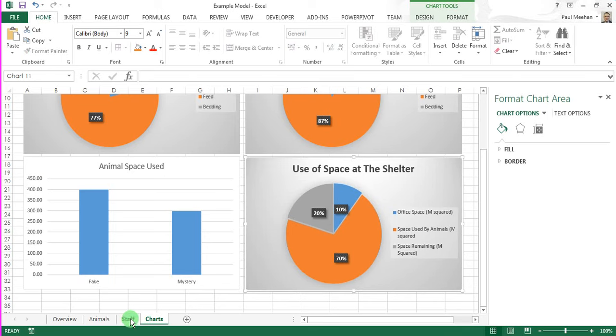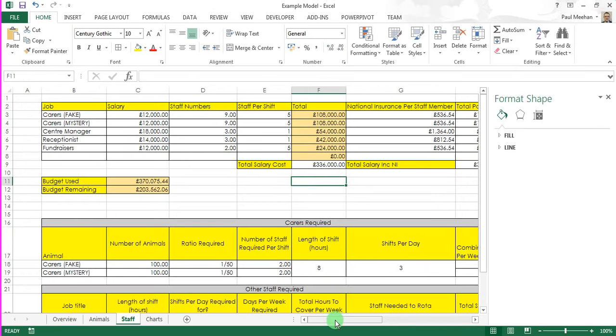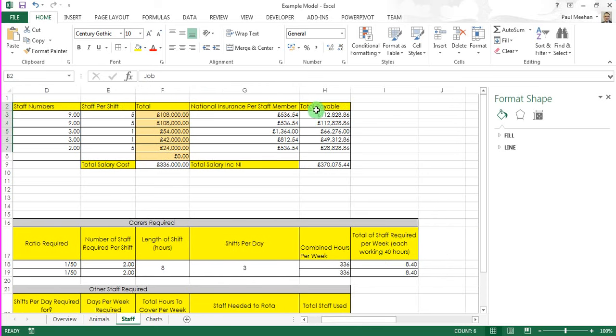Let's look at staff. What's costing us the most? So control, which job versus what are we spending per year on them.